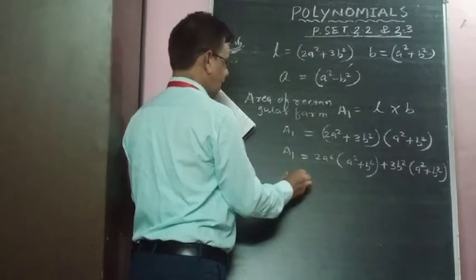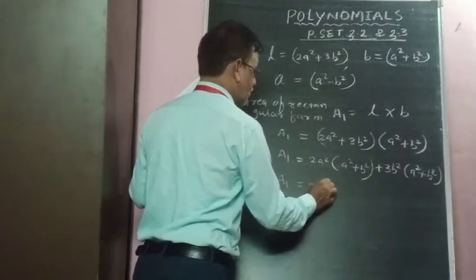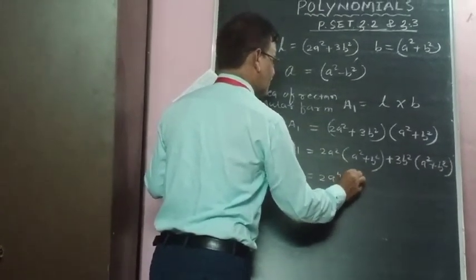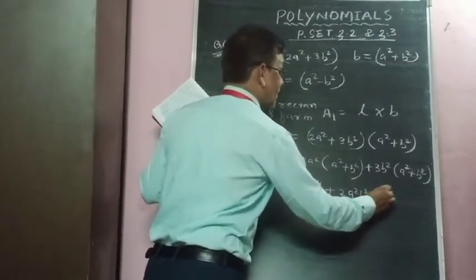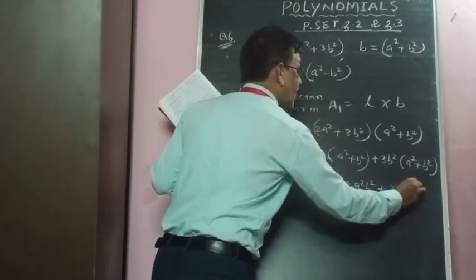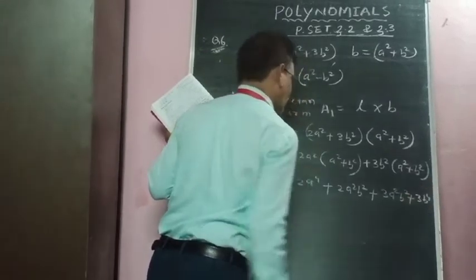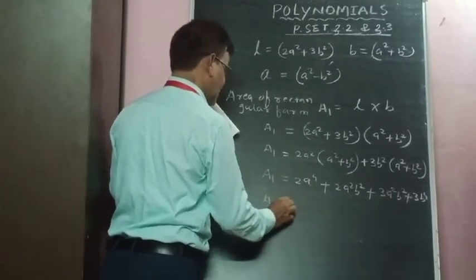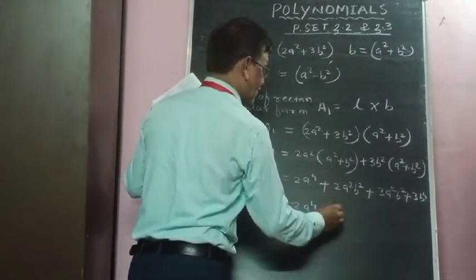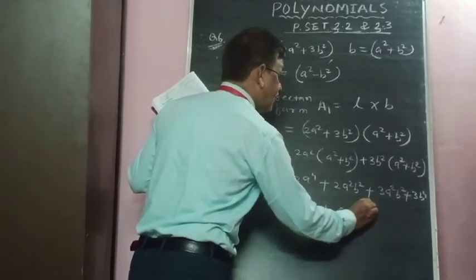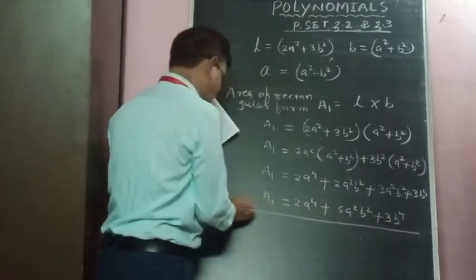Now you get the area A1 of the rectangular farm: 2a square into a square is 2a raised to 4, plus 2a square b square, plus 3a square b square, plus 3b raised to 4. Therefore, area is equal to 2a raised to 4 plus 5a square b square plus 3b raised to 4. This is the area of the rectangular farm.